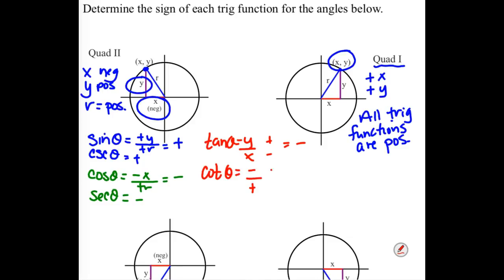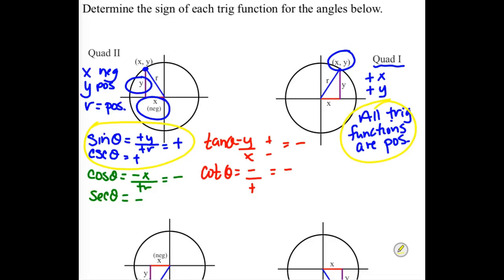So we have a negative divided by a positive, which will be negative. So in quadrant 2, the only one that's going to come out positive would be the sine and cosecant. Okay? Here we said all trig functions are positive.